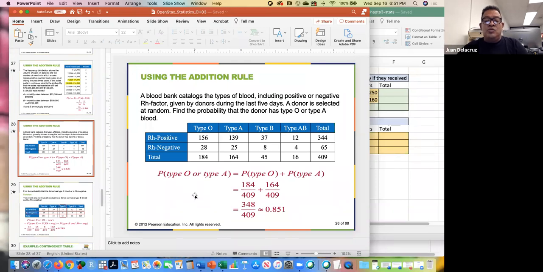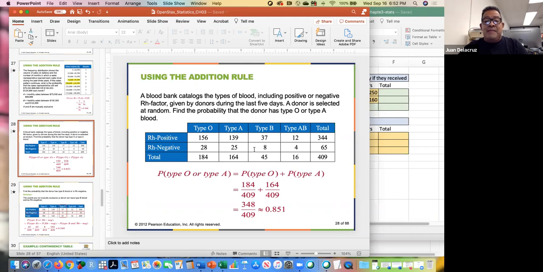Let's say that you work in the blood bank and you are with your colleagues and say, what is the probability that the next person who is going to enter this room is either type O or type A? We mentioned that this is mutually exclusive, so we are going to use the addition rule to compute these values.